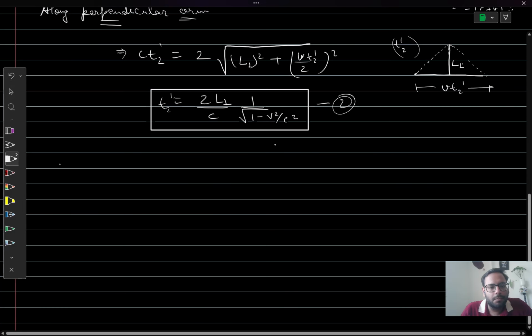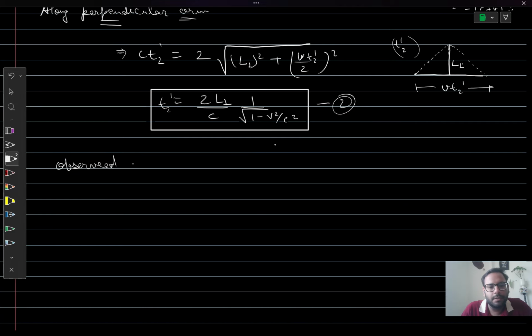The observed quantity in the experiment was the difference between the two, t2 minus t1, and it was observed to be zero.